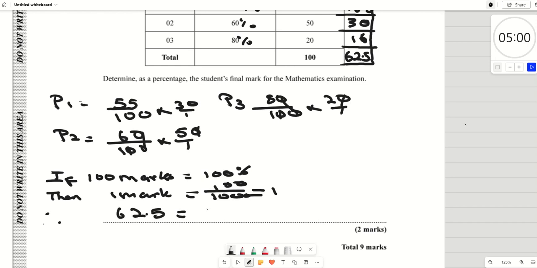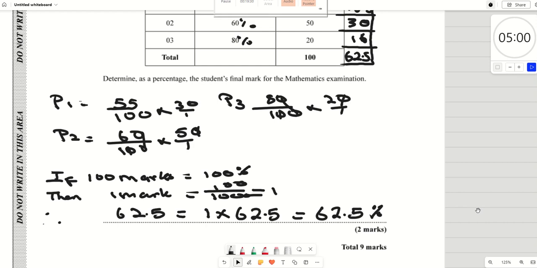That's 100 over 100 multiplied by 62.5, or 1 multiplied by 62.5, which is 62.5%. And that is how you would get the answer for this last question. We'll determine as a percentage of final marks for the mathematics examination, 62.5. And that is how you would do January 2019, number 1.